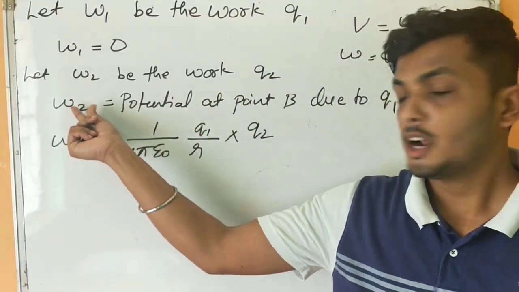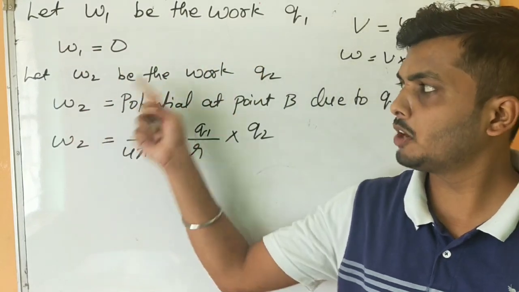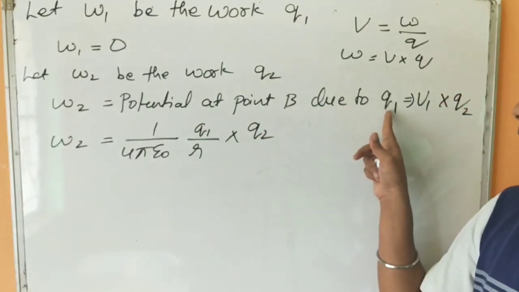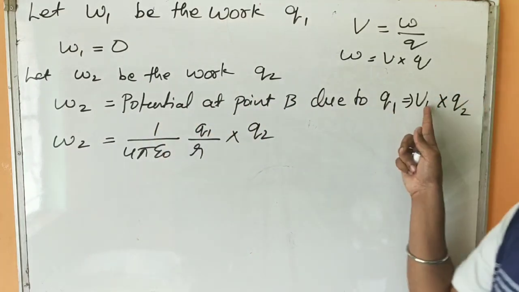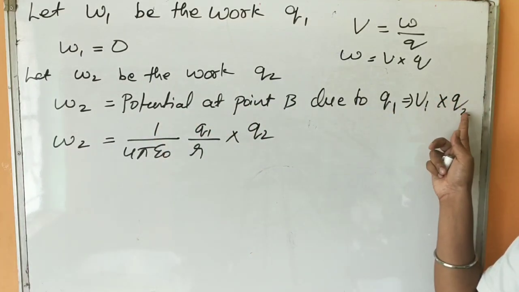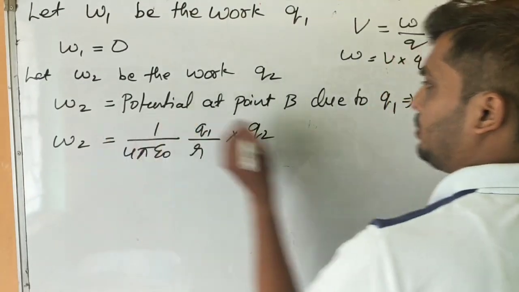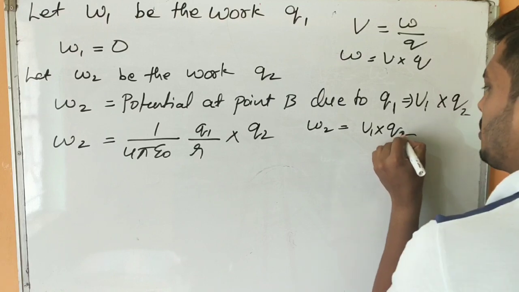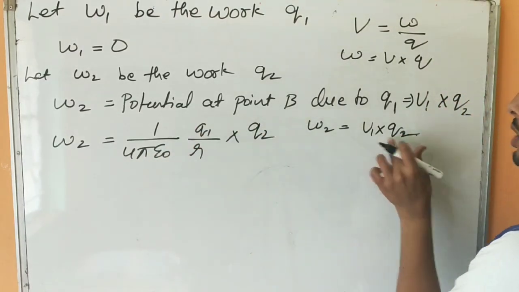W2 is the work done by the second charge particle in bringing it to point B due to Q1. So Q1 has potential V1, and the work is done by the second charge particle. Therefore W2 will be V1 into Q2. So V1 is 1 upon 4 pi epsilon naught Q1 by R, into Q2.